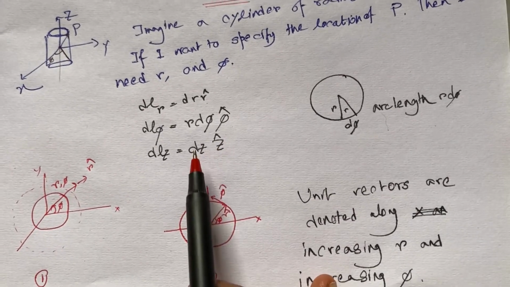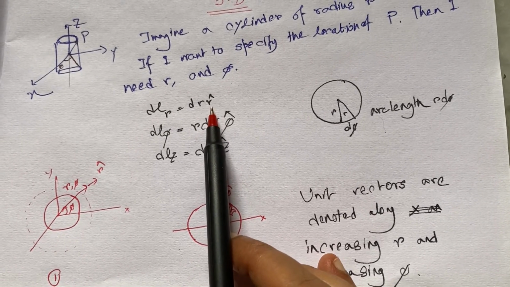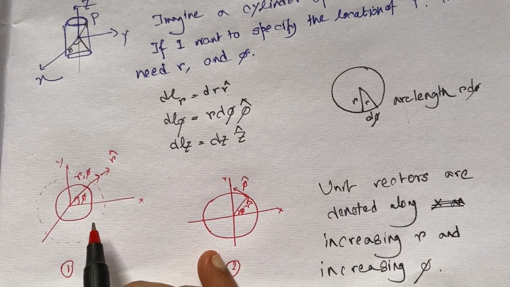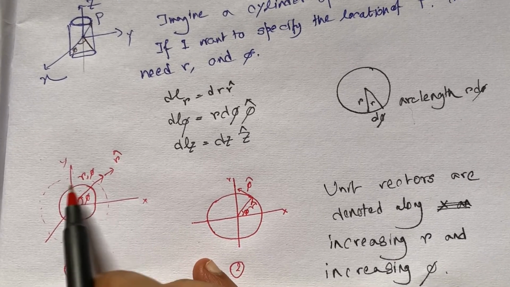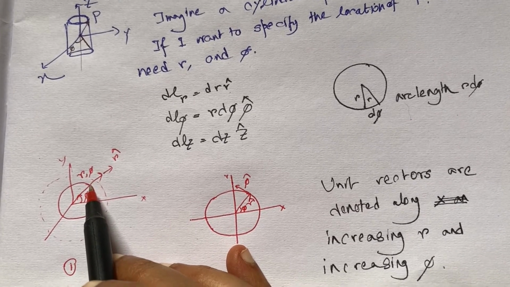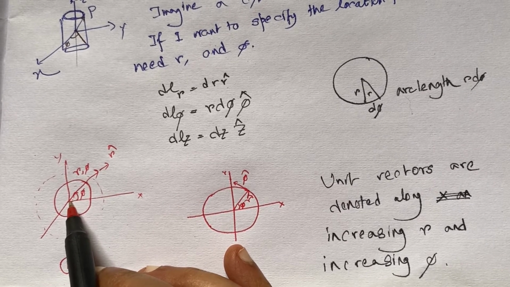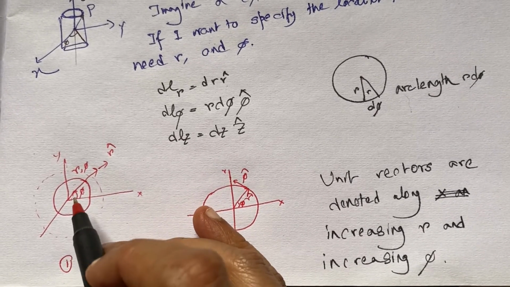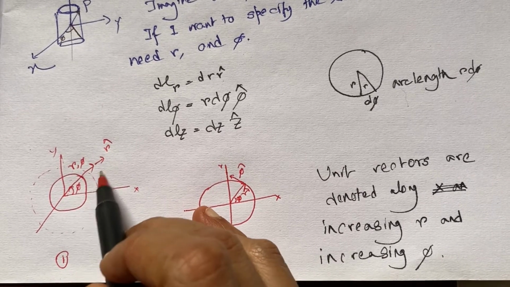Now what will be the direction of this r-cap, that is, the unit vector along r? If I consider again 2D, in this first figure, this is the two-dimensional cross section of the cylinder, and if I take this point which is a coordinate of r and phi, and if I draw a line between the origin, that is our reference point, and this point, this is the direction along which r is increasing.